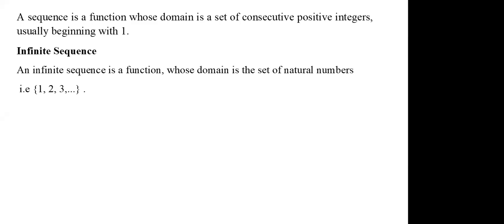Now, we have two types of sequence. We have what is called an infinite sequence, and the second one, which is called a finite sequence. An infinite sequence is a sequence where you don't know your end point.